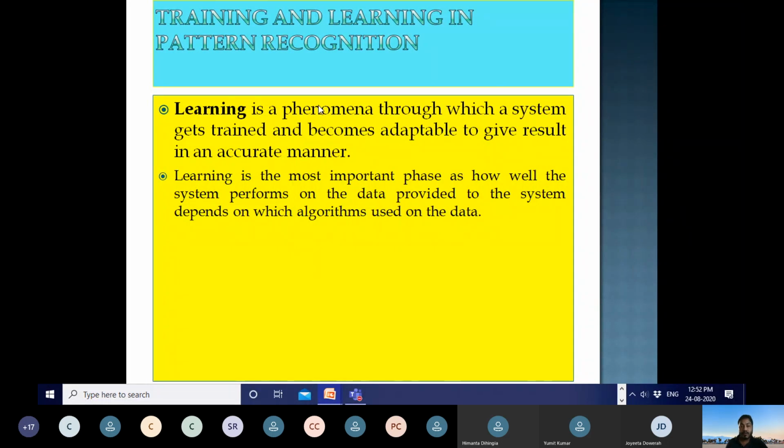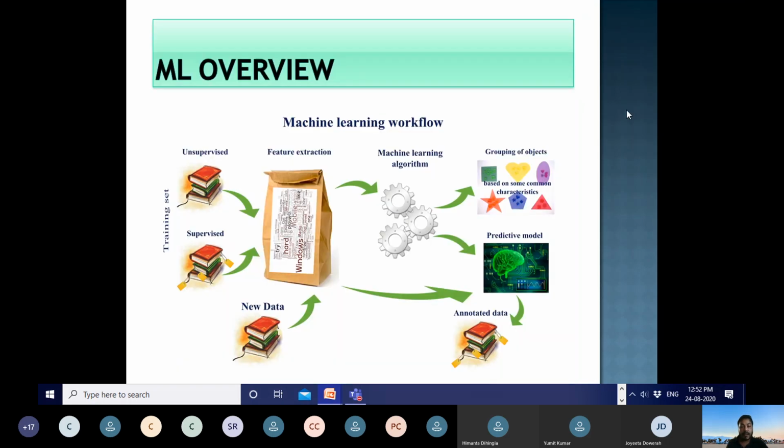Okay, let me show you a figure. Is this diagram clear to you? Look at this diagram because I have already illustrated these facts: unsupervised, supervised, feature extraction, then the clustering parts, then some predictive model, then annotated data.